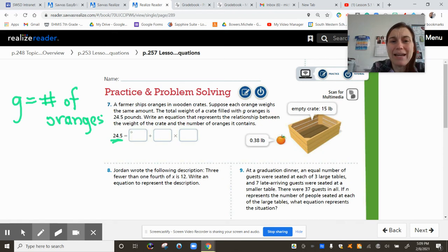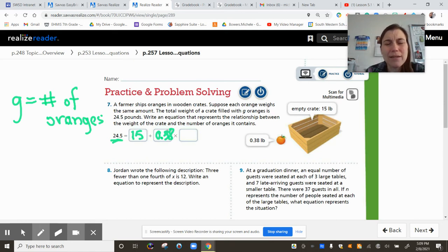That's why it's being added. Now notice this. 24.5 is pounds. 15 is pounds. So I have to add pounds to it. Well, the only thing I have here that's pounds is 0.38 pounds. Well, if I add 0.38 pounds plus 15 pounds, that doesn't equal 24.5.